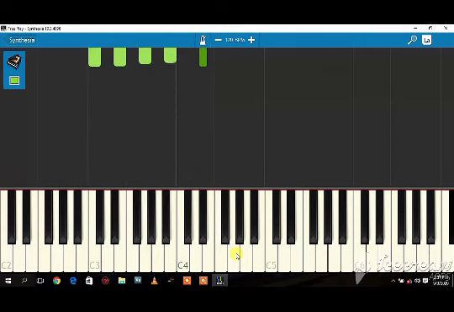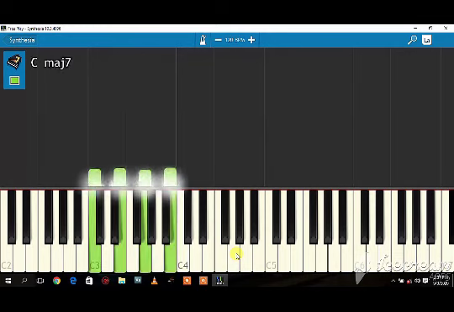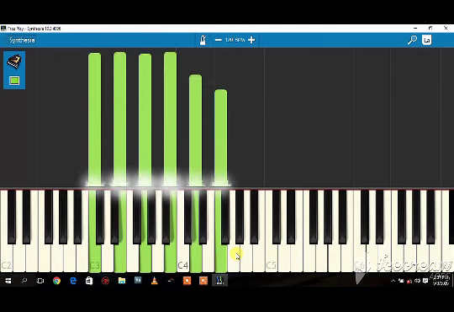Alright, so we move on to our flattened 11th and sharpened 11th. For our flattened 11th, all we are going to have is this. Now this is our 11th chord, C major 11.